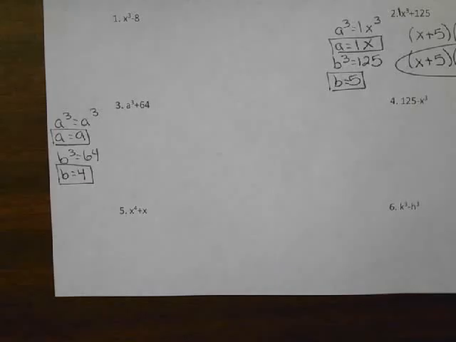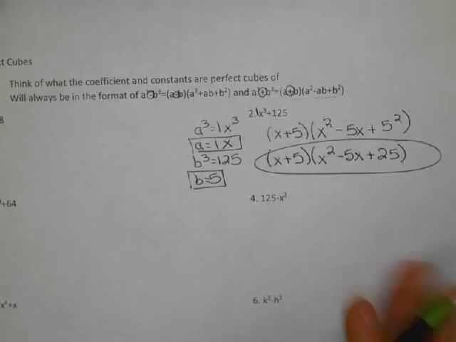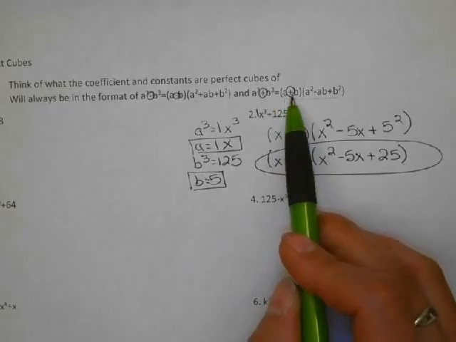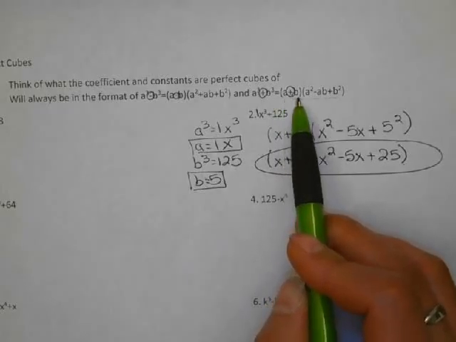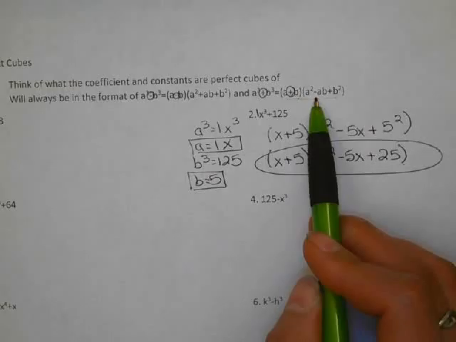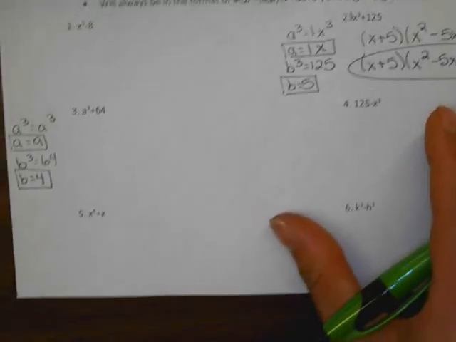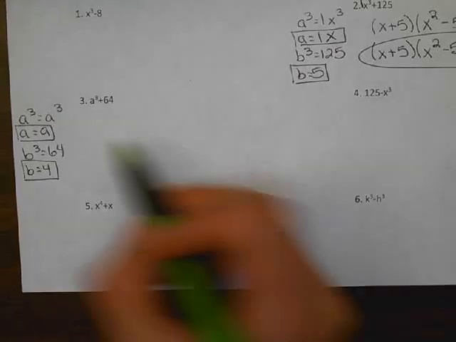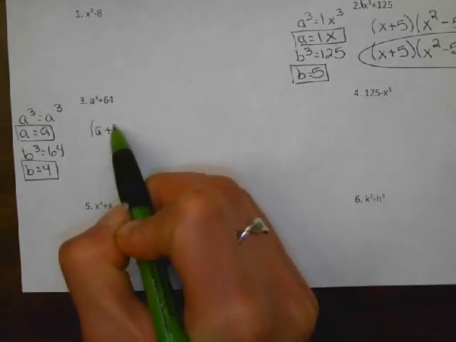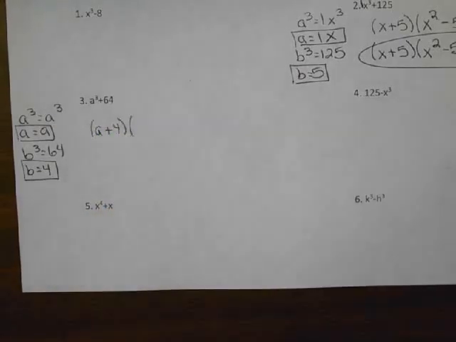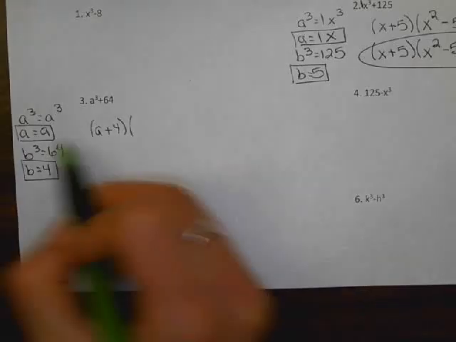And again, I just have to plug it into my format. I have a cubed plus b cubed, so it's going to look like this, a plus b times a squared minus ab plus b squared. So a plus b, with the a and b that we have, is going to be a plus 4. Then I have to take that times a squared.